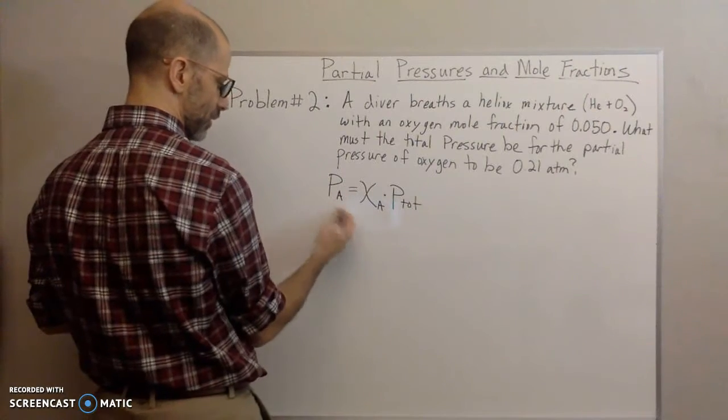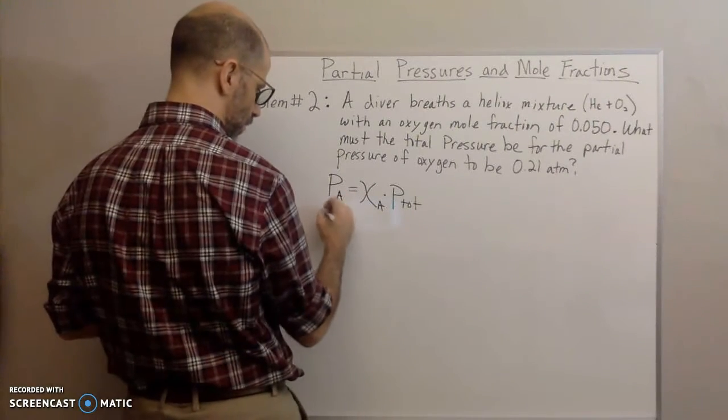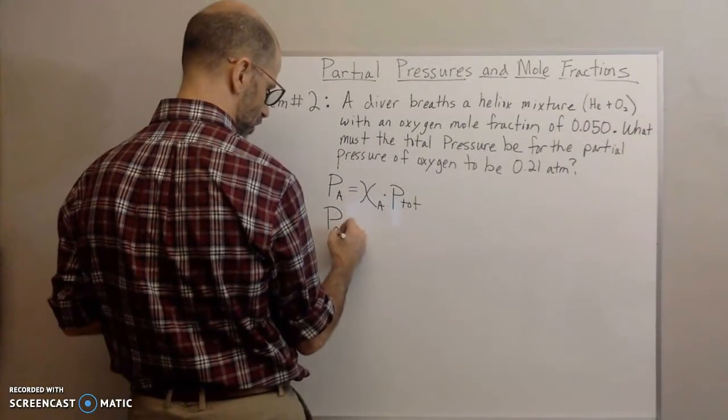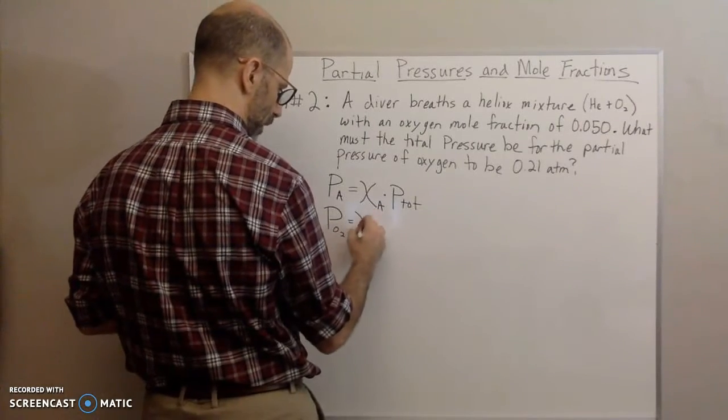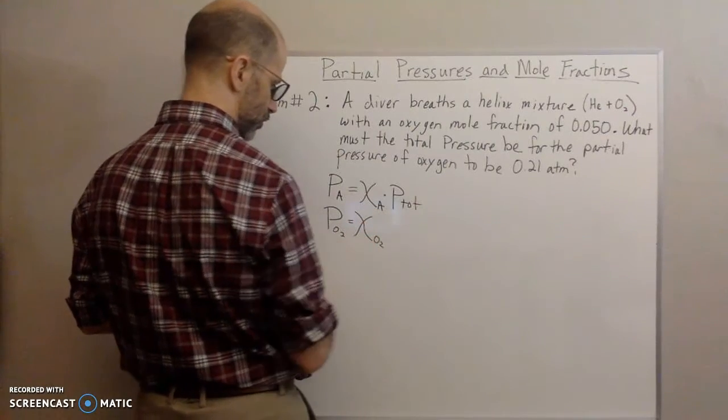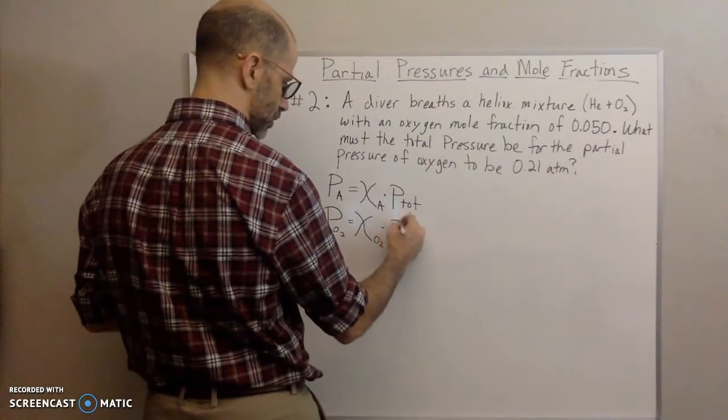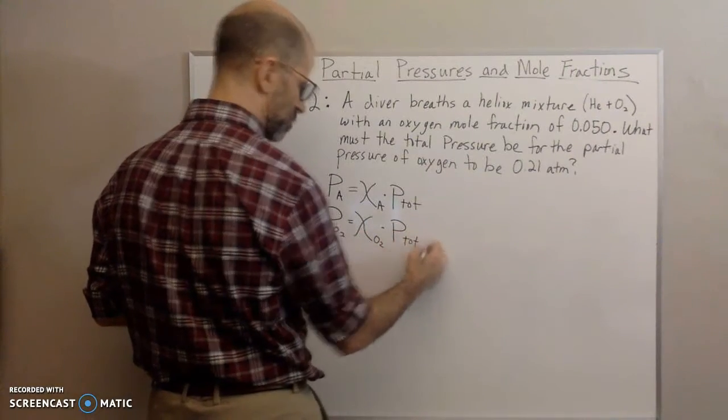They want to know oxygen, so we would write it as the partial pressure of oxygen is equal to the mole fraction of oxygen times the total pressure.